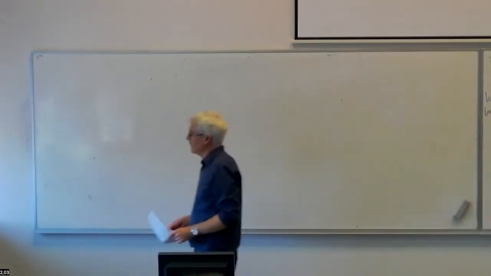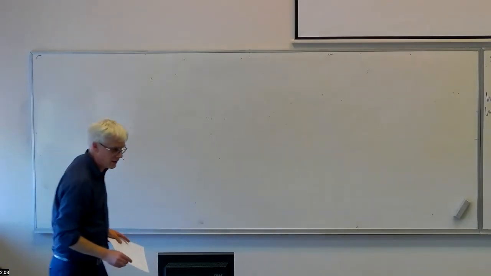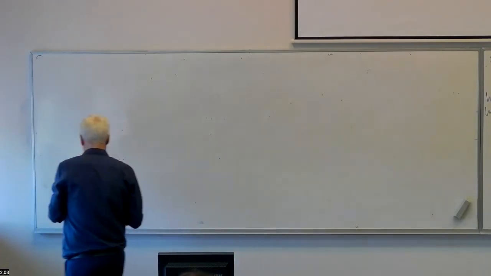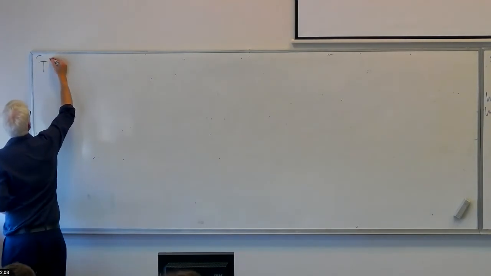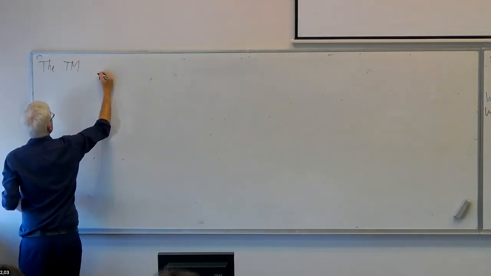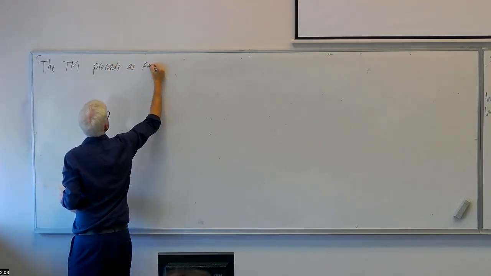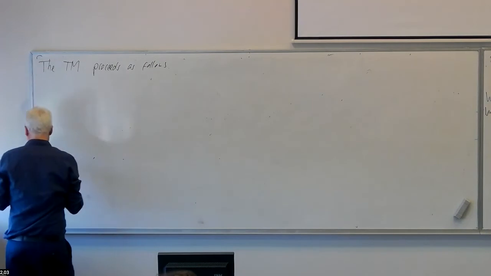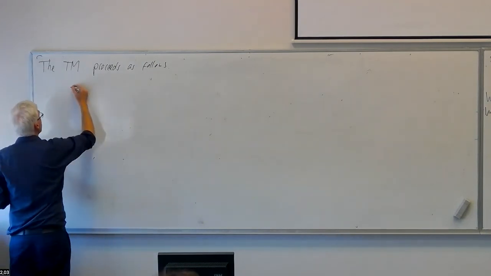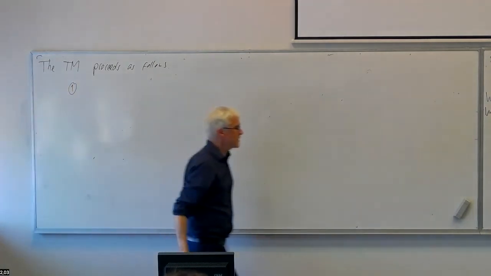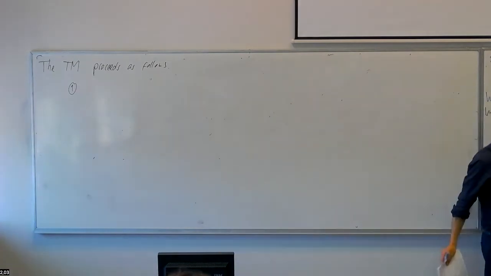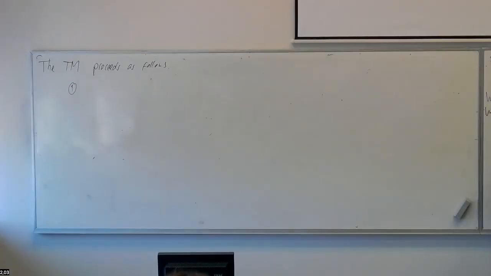So the TM proceeds as follows. The first thing is, it's given the arguments x1 through to xk and x of the function RFG that we're trying to compute. It's given those on the first k plus 1 tapes.